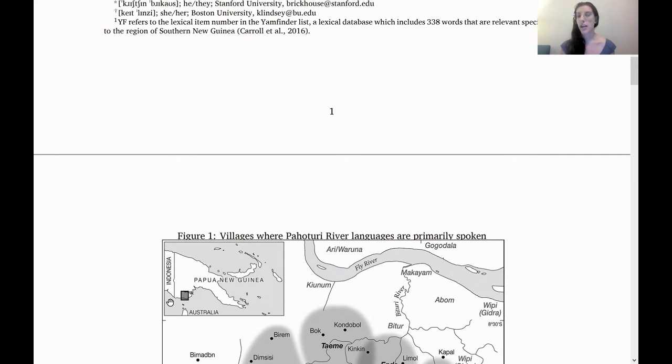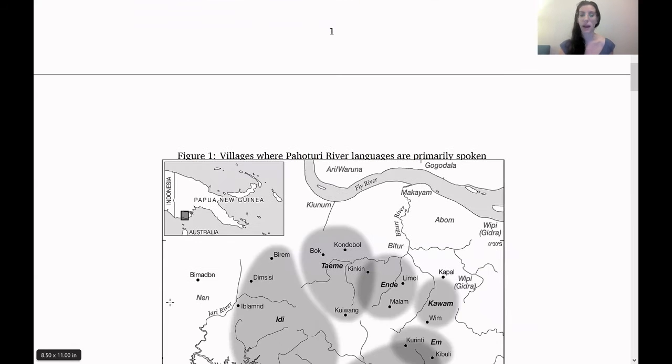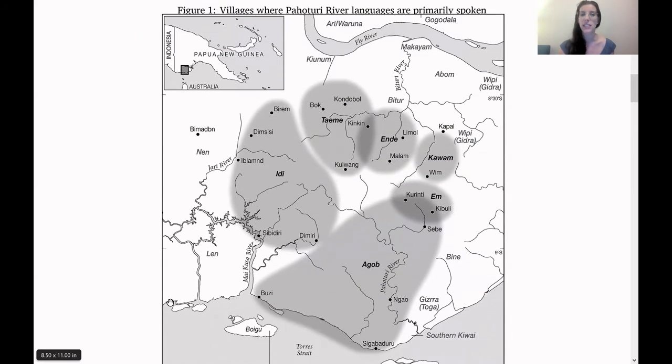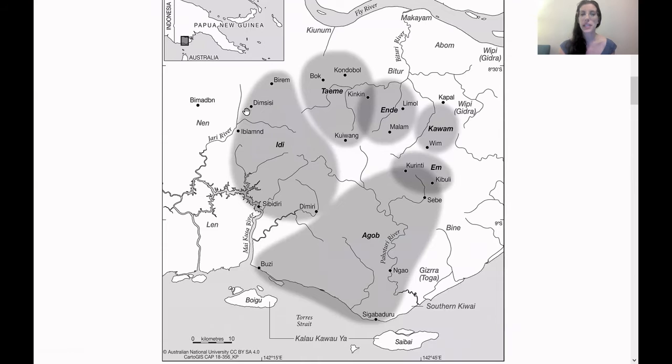The villages on this map that have been identified as primarily Pahoturi River speaking villages, such as Dimsisi, where Dineke Hoeksema has done her fieldwork, Sibidiri, where Volker Gast has done his, or Lamo Village, where I have done mine. These are primarily Pahoturi River speaking communities, but many other languages are spoken in these areas as well.